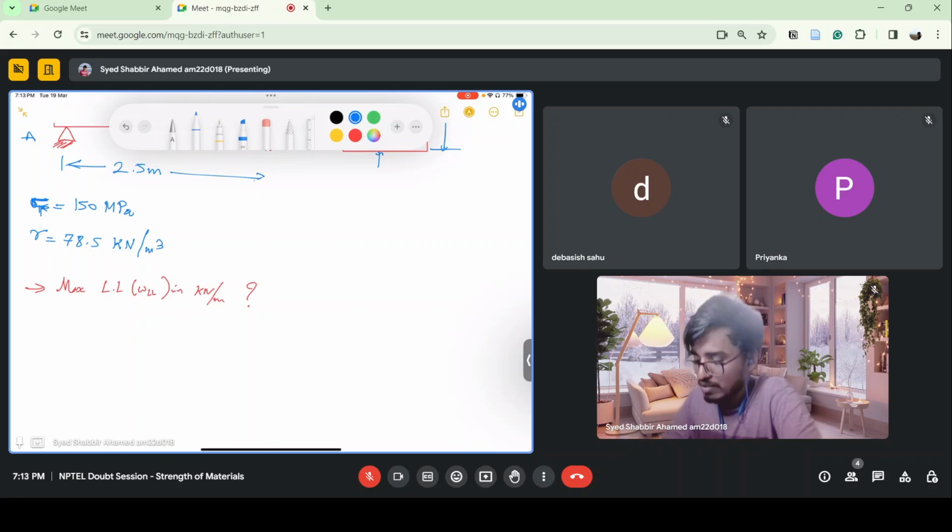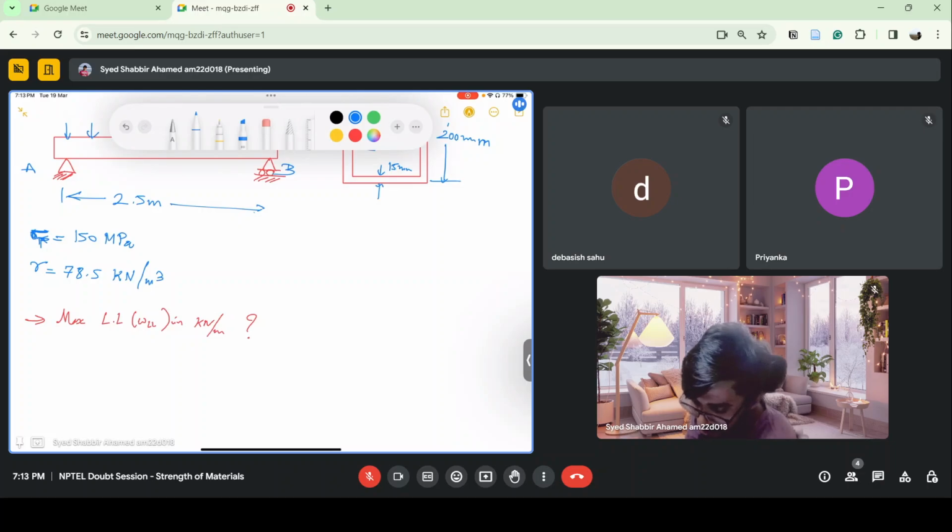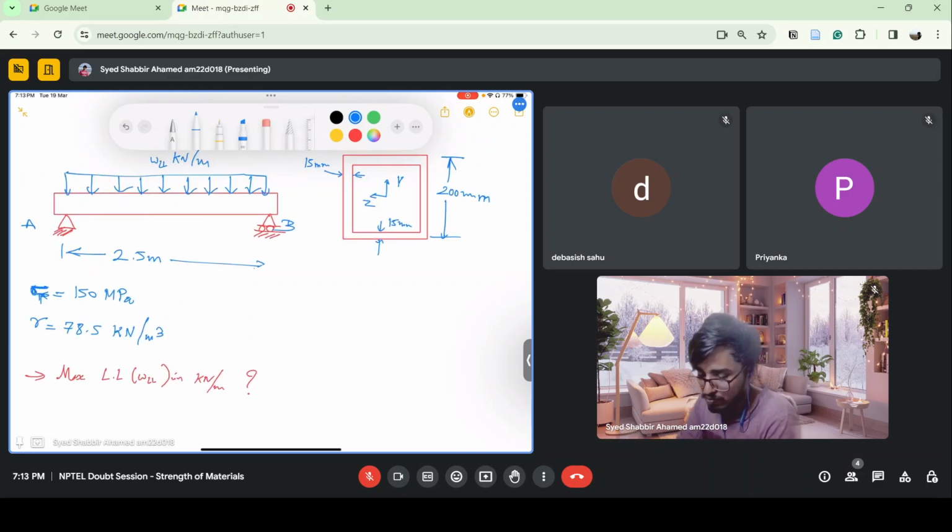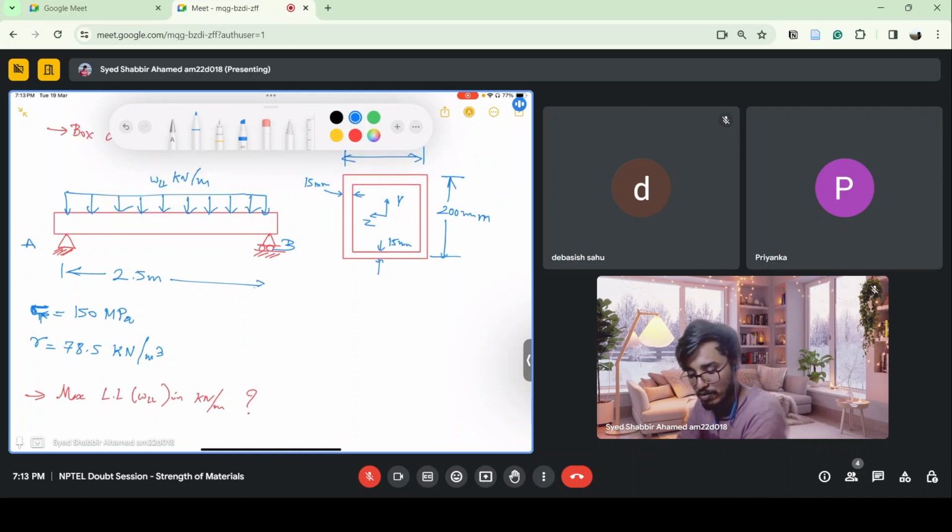This is the first question. So, how are we going to solve this? What should we do? How should we proceed?